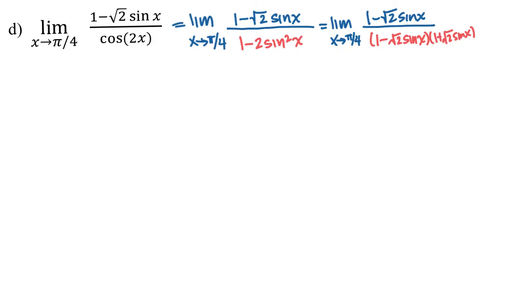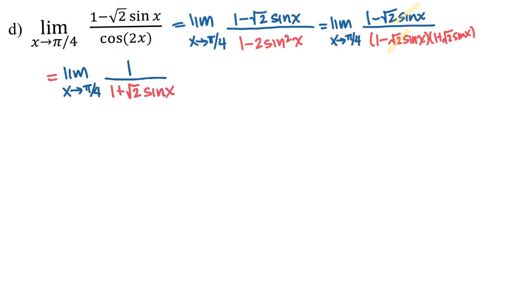And then if I do this times this, root 2 times root 2 is minus 2. Sine times sine is sine squared. So it does in fact match. And then I can see I can cancel that factor right there. So I'm left with 1 in the numerator and 1 plus root 2 sine x.